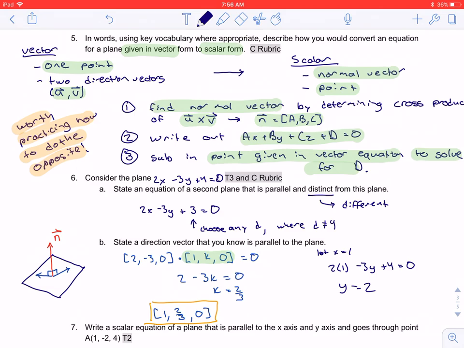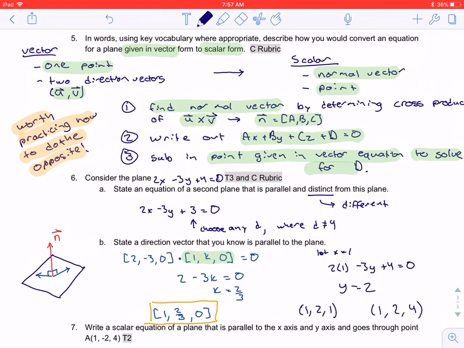So this gives me a point 1, 2, and z can be anything. It doesn't matter what z is. So let's take 1, 2, 1 as one point, and 1, 2, 4 as another point. The reason z can be anything is because the c value is 0, so whatever z is, we multiply that by 0.